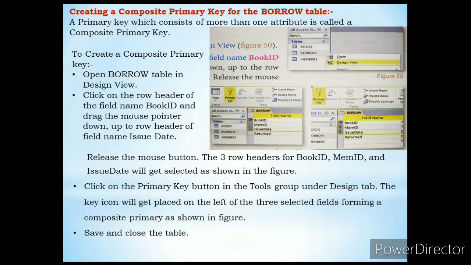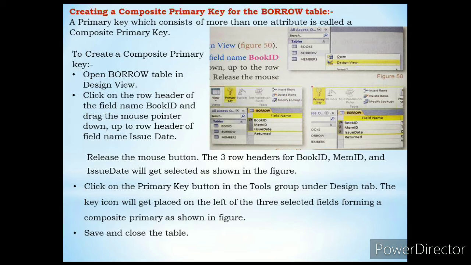Release the mouse button. The 3 row headers for Book ID, Member ID and Issue Date will get selected as shown in the figure. Keep note that you should not try to select each field separately to form the composite primary key. These need to be selected together.